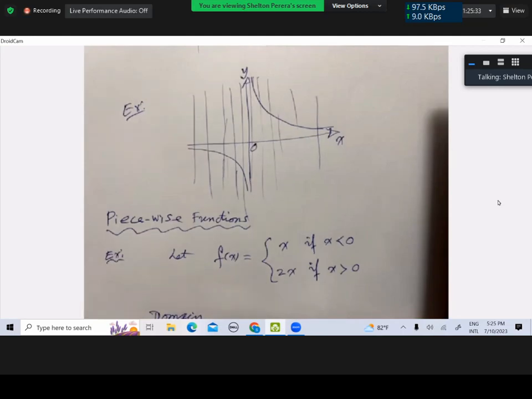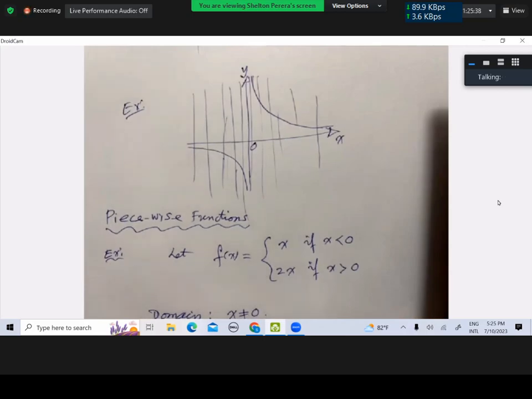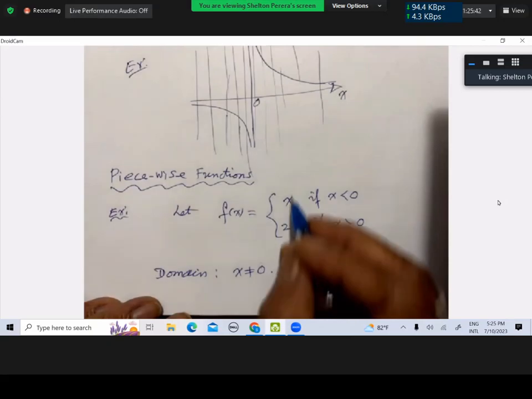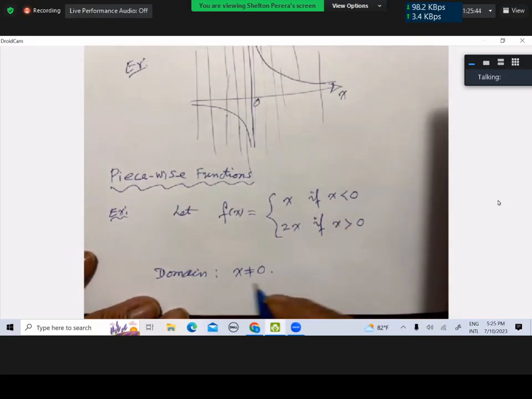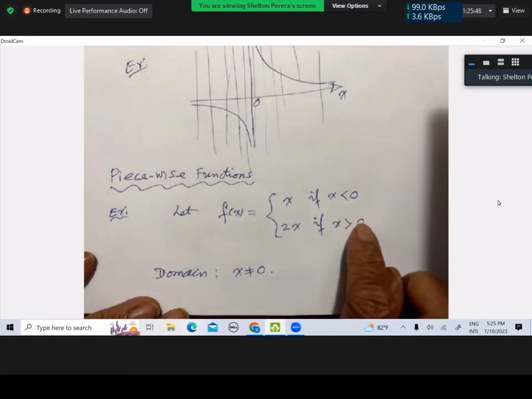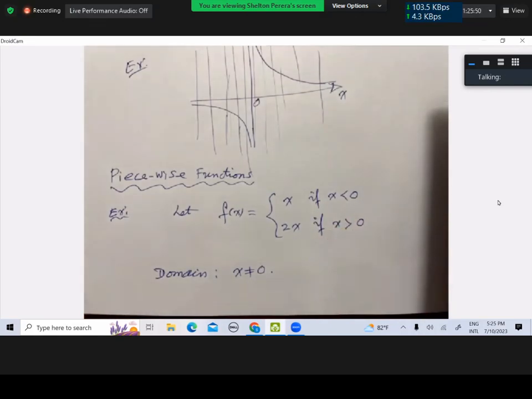Domain is given by x not equal to 0. See, inputs are given, but 0 is not there as an input for any piece.